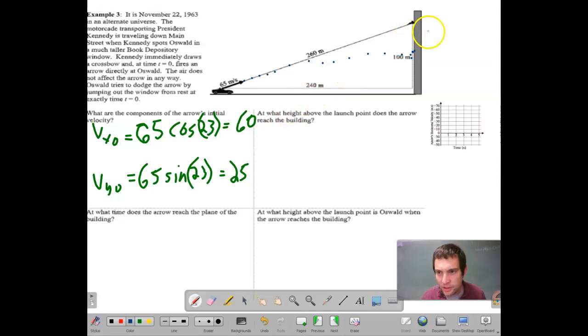So if that's going to be the maximum height, then we know the final velocity in the y. We can set that equal to 0. We have the initial velocity in the y. We're looking for the height. But we don't have time, so we'll use the no time equation.